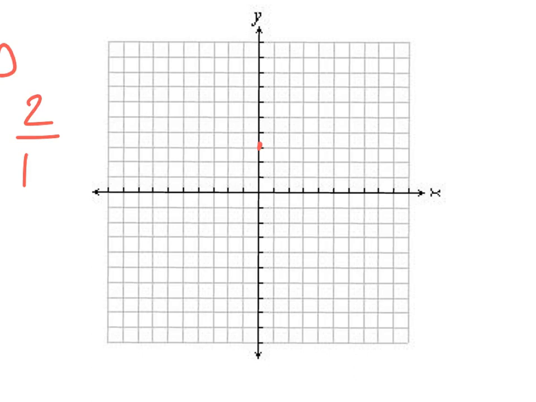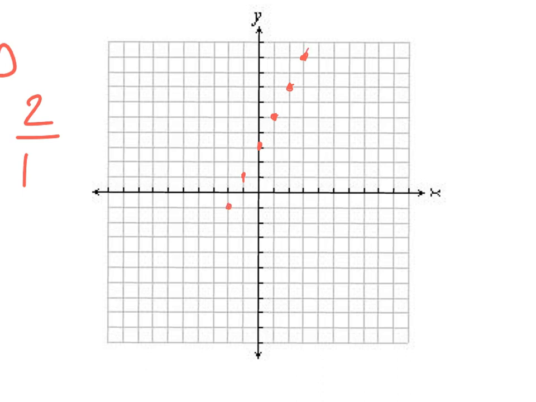But since our slope is 2 over 1, I just go up 2, over 1, and my next point is going to be right there. Again, up 2 over 1. And there you go. I can continue going down, so I can go down 2, left 1, down 2, left 1, so on and so forth.